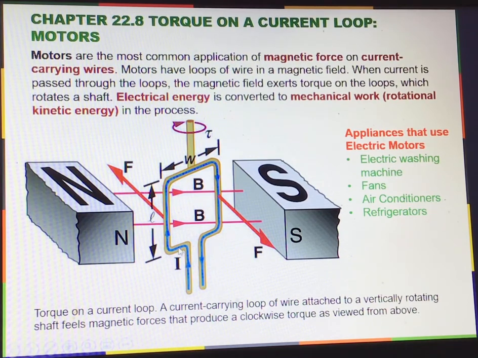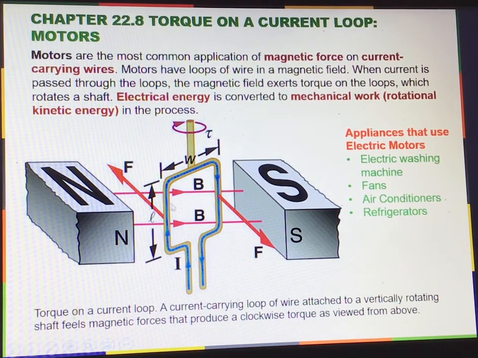Now the loop has a length L and a width that is given by W. The magnetic field in this example is going to be pointing from north to south. The current on the left side here is pointing up. The current on the right side of the loop is pointing down.